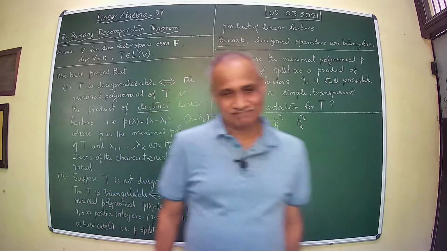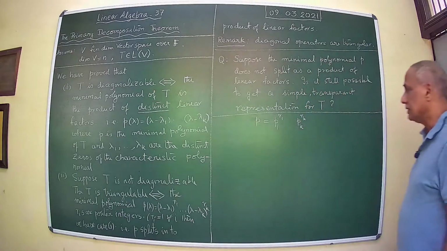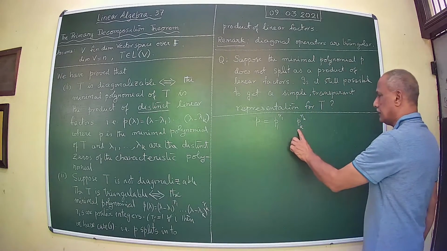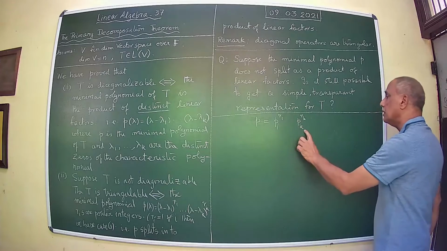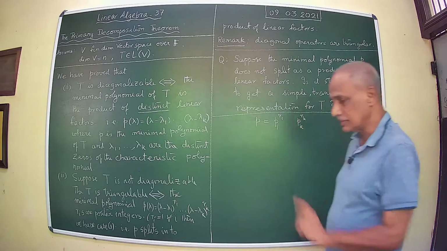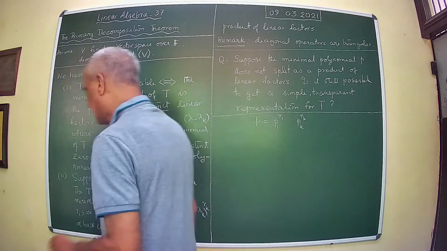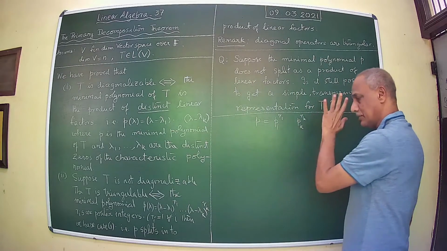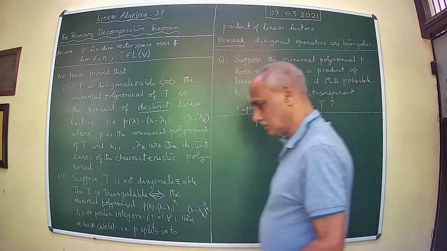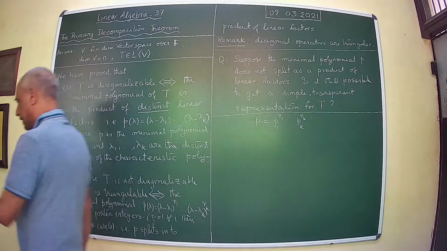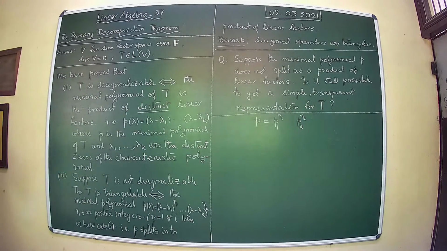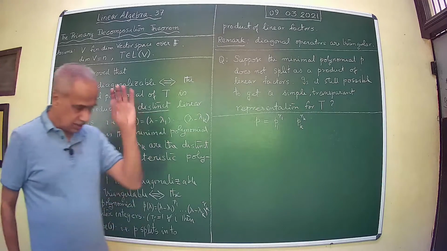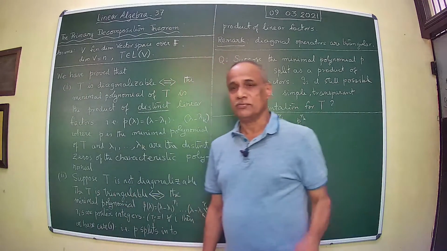Then these p_i's are no more reducible in F. This is the assumption here. So this is the ultimate reduction of the p_i's that we can achieve. You cannot anymore write a p_i as a product of polynomials of lesser degree.